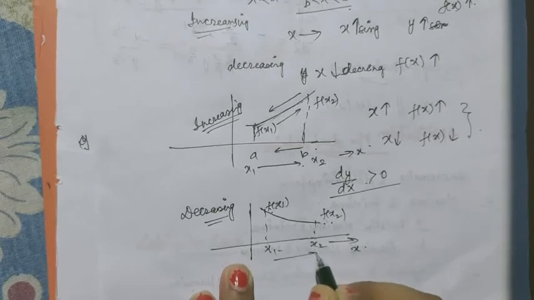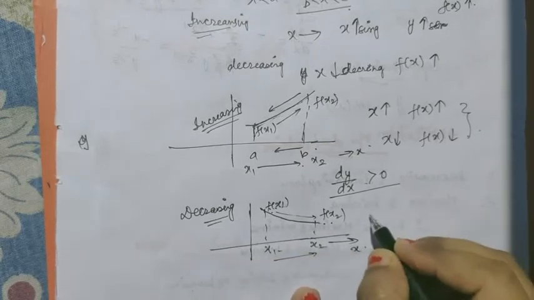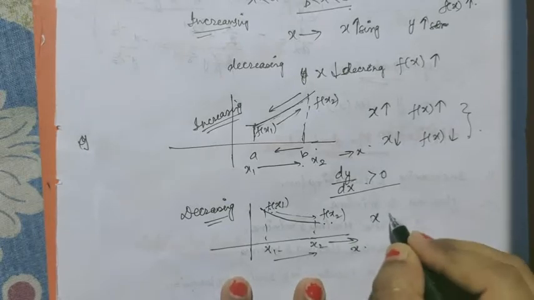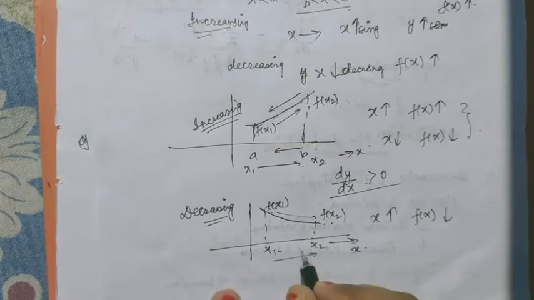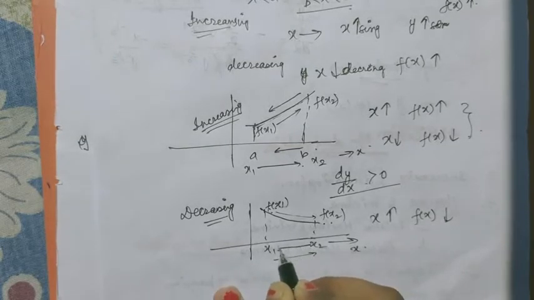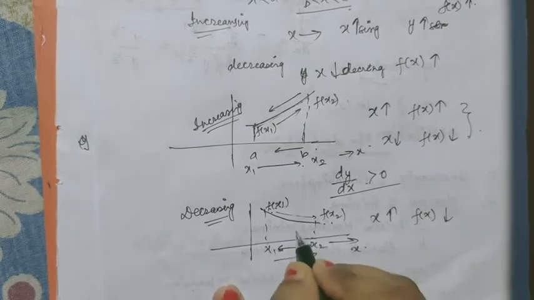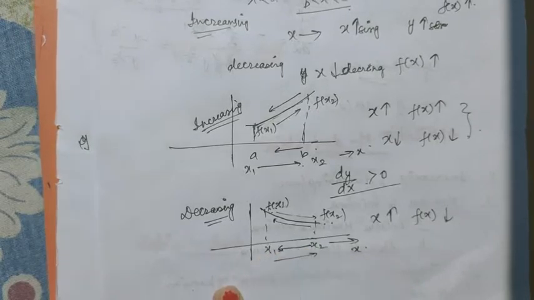See here, x is increasing but fx is decreasing. So for decreasing function, when x increases, fx decreases. You can also say that when x is decreasing, this function is increasing.